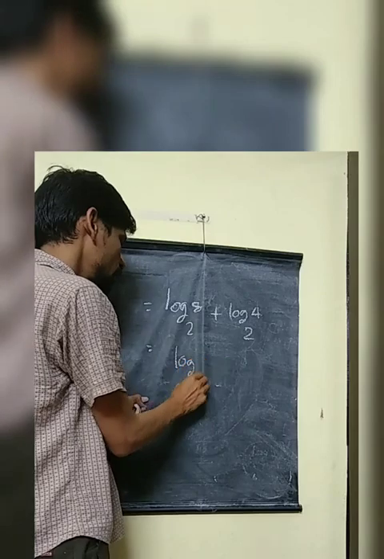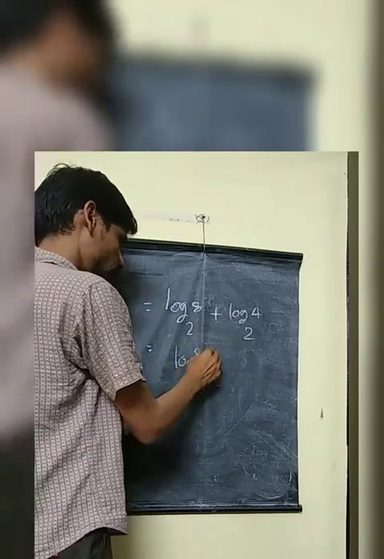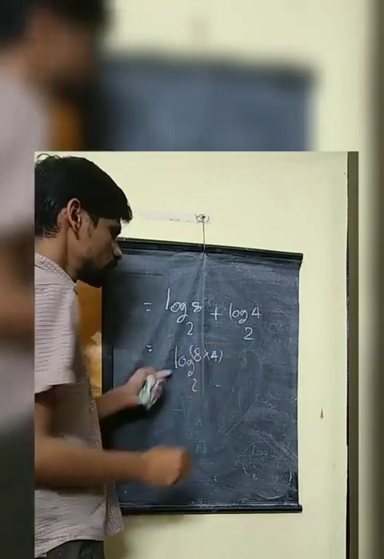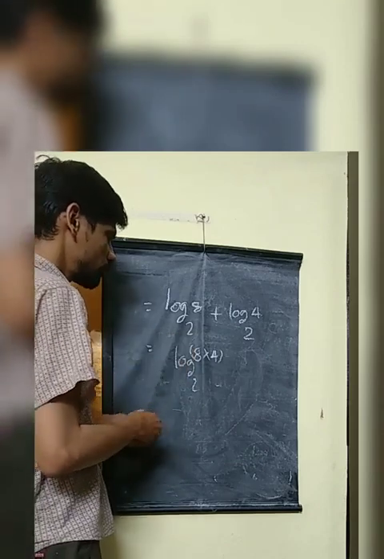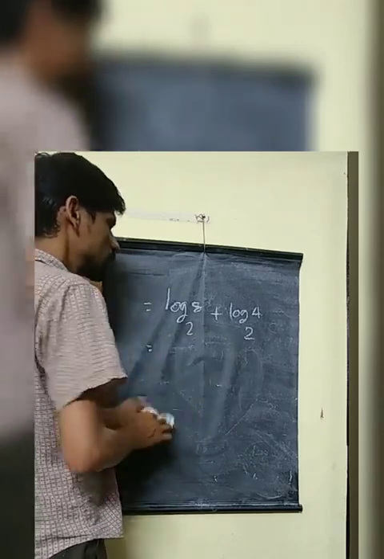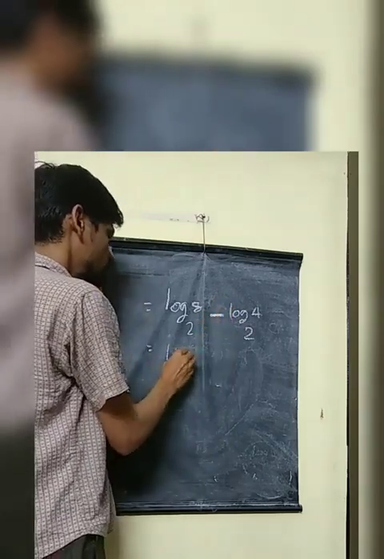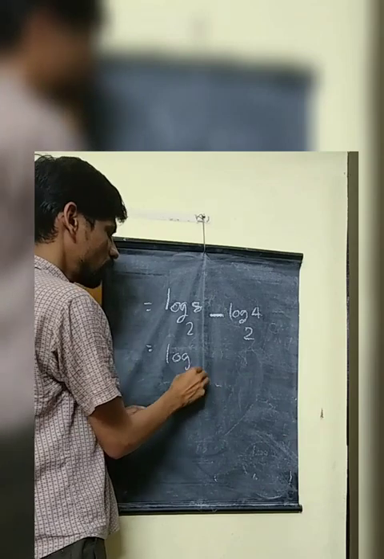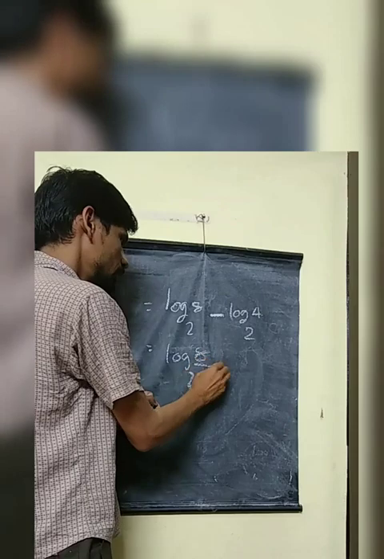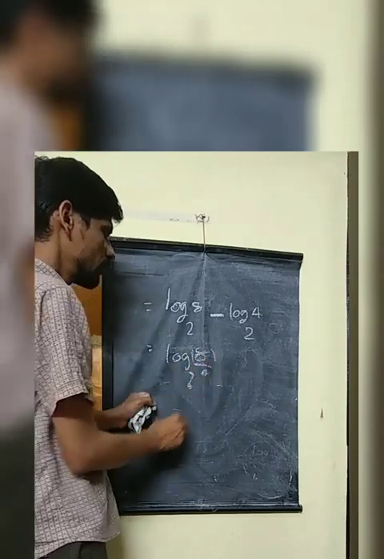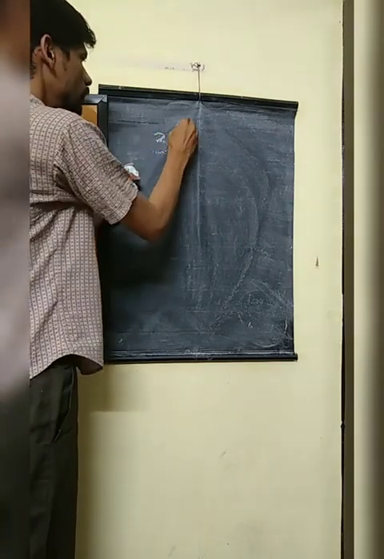We can multiply it, 8 times 4, right? So this is when we are doing addition. For example, when we are doing a subtraction, what will happen? We know already, log base 2, when we are doing a subtraction, we need to divide 8 by 4, right?